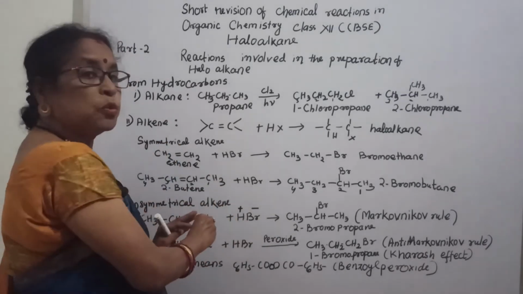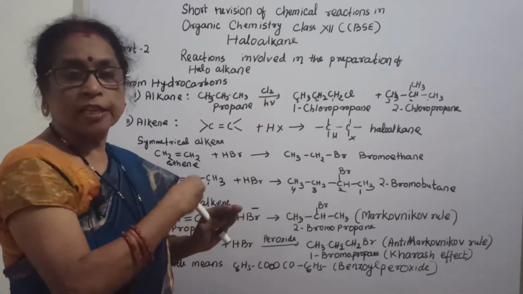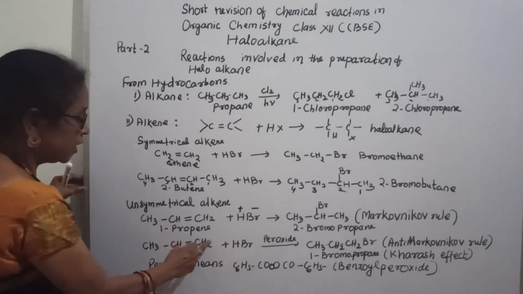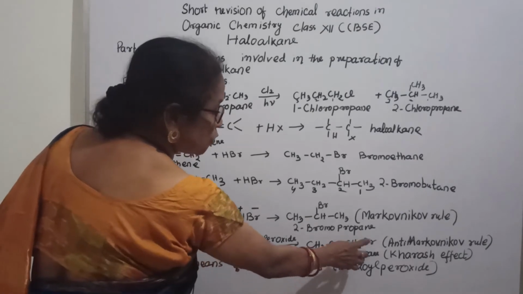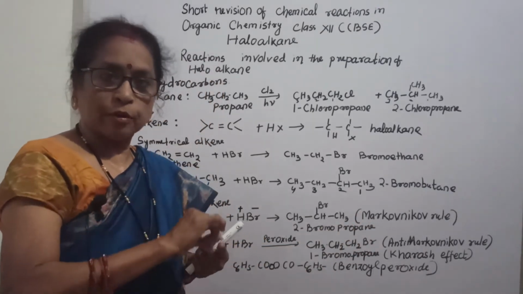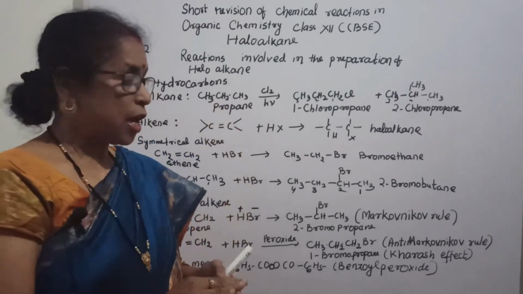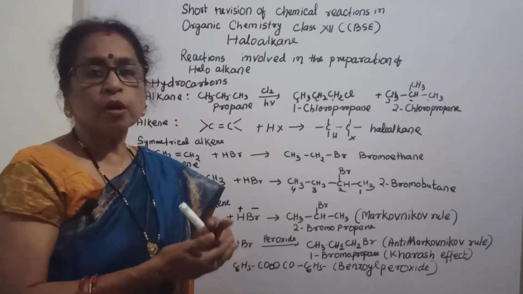It goes just opposite to that rule, against that rule. That means the Br will not come here, the Br will attach here: CH3CH2CH2Br, 1-bromopropane. When you apply peroxide, you get 1-bromopropane. When you are not applying peroxide, it follows Markovnikov's rule, and that is 2-bromopropane.